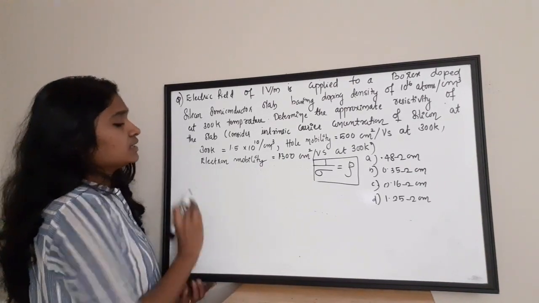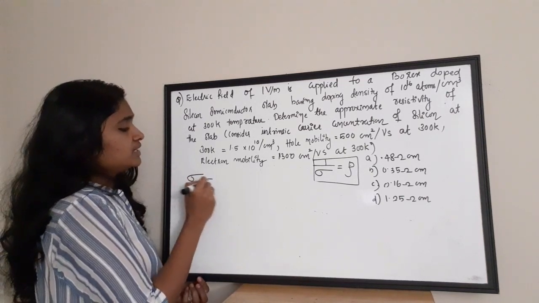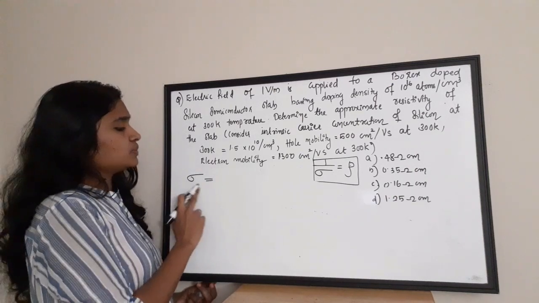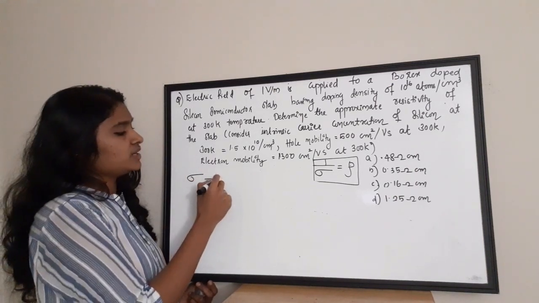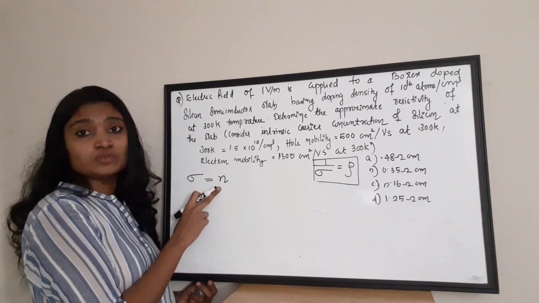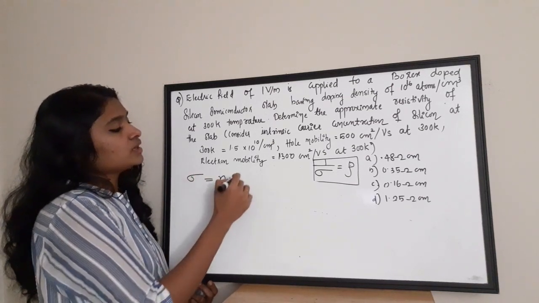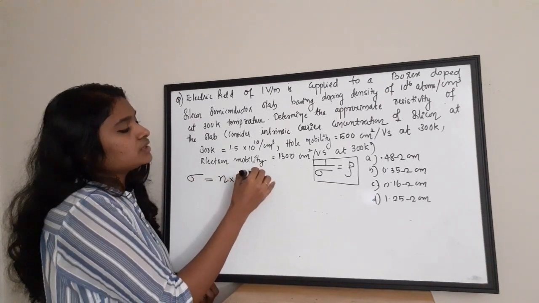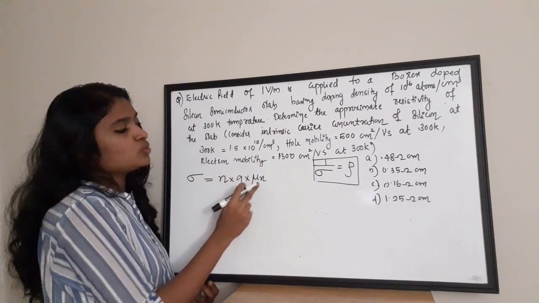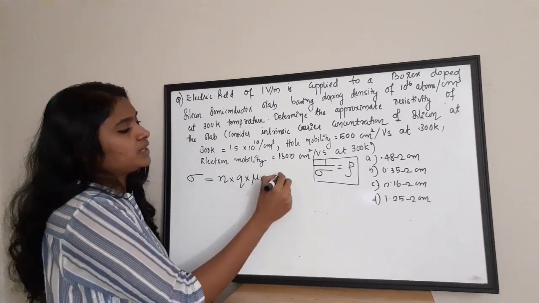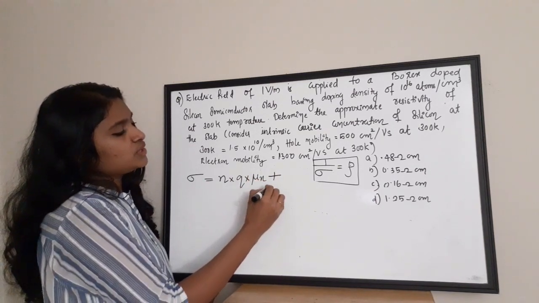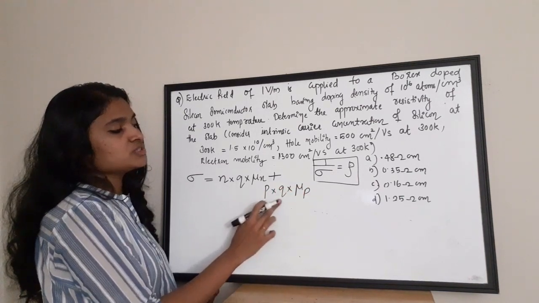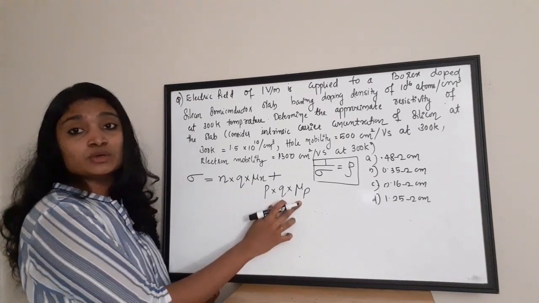Let us see. Conductivity sigma is created by electrons as well as holes, right? So the equation for conductivity sigma is given by n into q into mu n, where n is the number of electrons, q is the charge of an electron and mu n is the mobility of electrons, plus P into q into mu P. P is the number of holes and mu P is the mobility of holes.